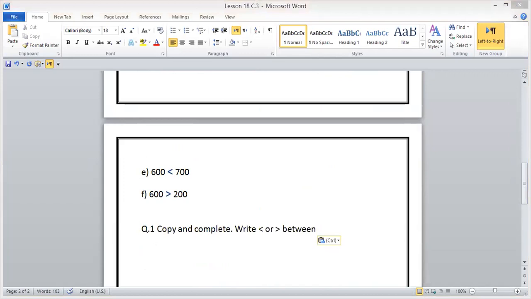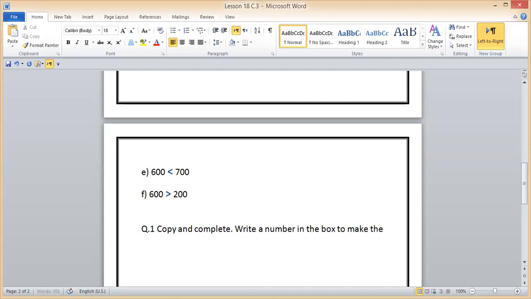Here you have to write a number. Write a number in the box to make the inequality. Okay.